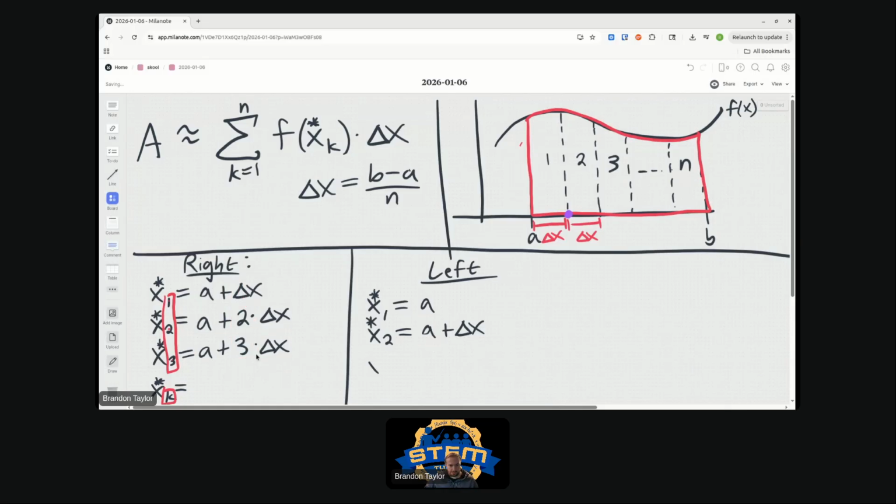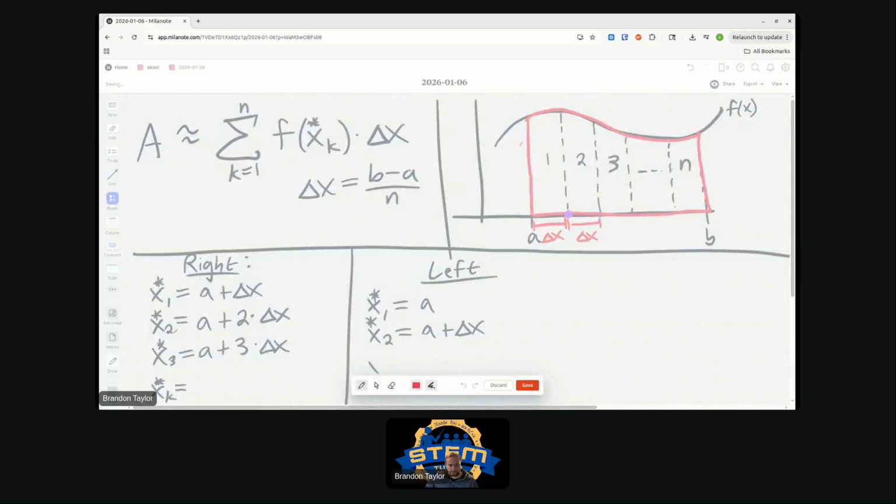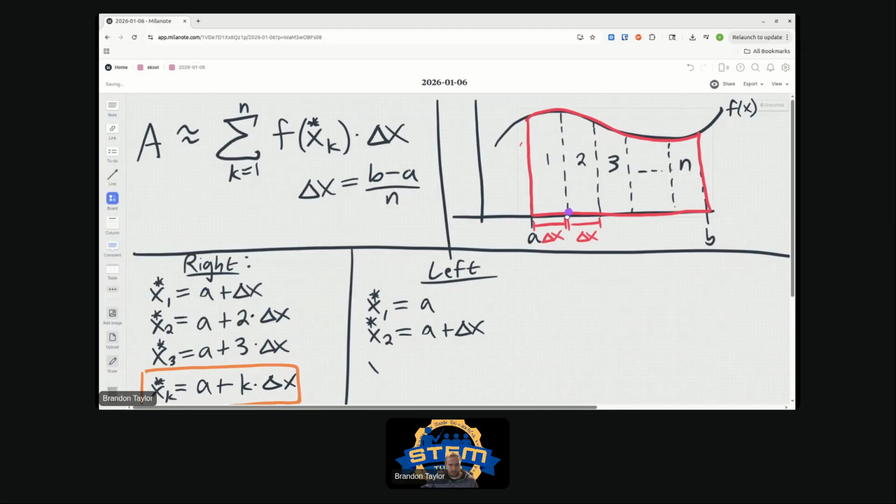Why is it k times delta x? Because whatever the subscript is here, like 2, that's what the k value is there. So this is going to be a plus k times delta x. So this is a special formula to do the right bound, the right Riemann sum in every partition. That's good.